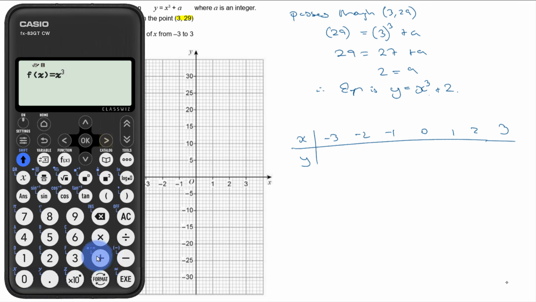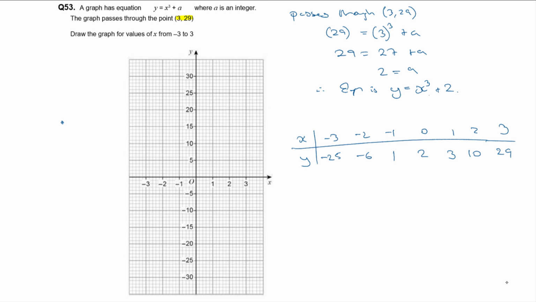Then you can see my table is now populated. At -3 I've got -25, at -2 I've got -6, at -1 I've got 1, at 0 I've got 2, at 1 I've got 3, at 2 I've got 10, and at 3 I've got 29. So they're all my values that I need to plot.